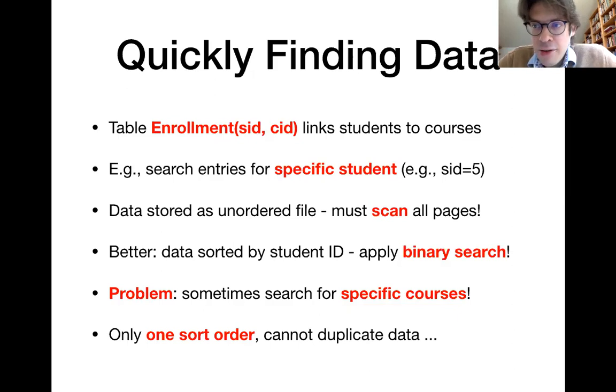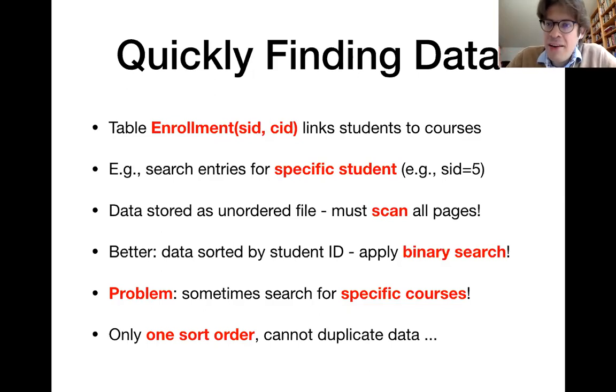A better version is already if I just sort the data by the student ID. If I have sorted my data by the student ID, then I can apply something like binary search, for instance, in order to narrow it down quite quickly to those entries that I'm interested in. So that is already significantly better. But the problem is this.